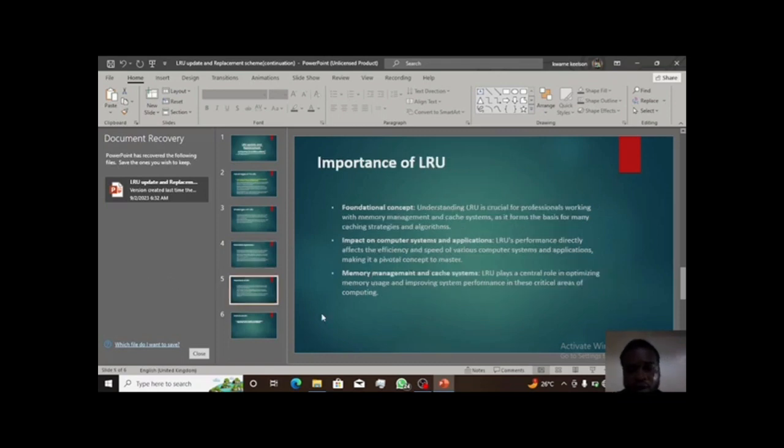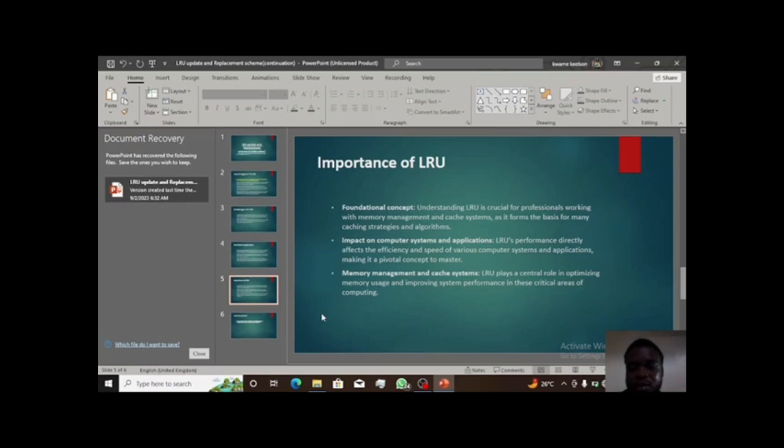So the importance of LRU: foundational concepts, impact on computer systems and applications, memory management and caching systems. Understanding LRU is crucial for professionals working with memory management and caching systems, as it forms the basis for many caching strategies and algorithms.